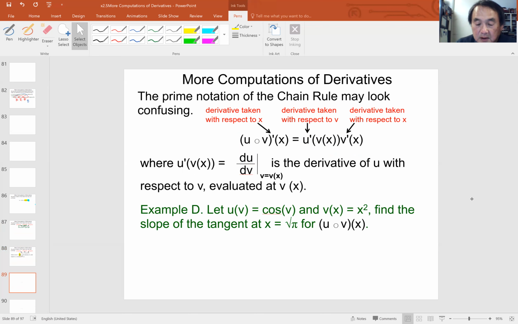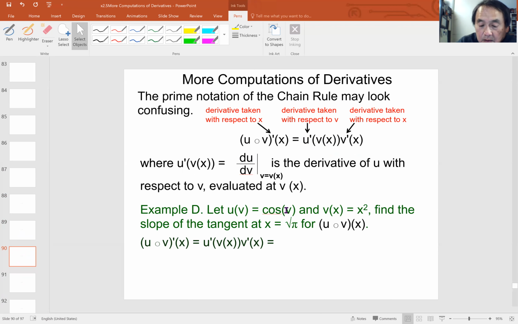And then this is the example using cosine. This is cosine of x squared. Okay, v is x squared, and I put x squared in for v here, so this is cosine of x squared. So we're taking the derivative of cosine of x squared. It's the derivative of cosine of v times the derivative of x squared.